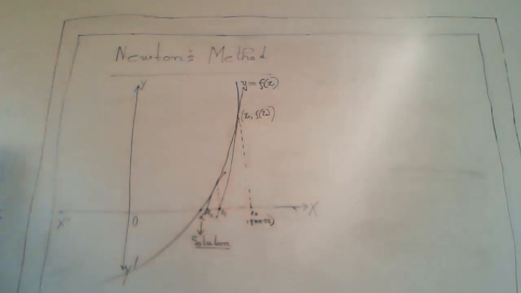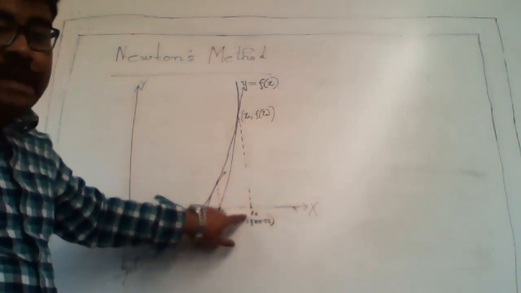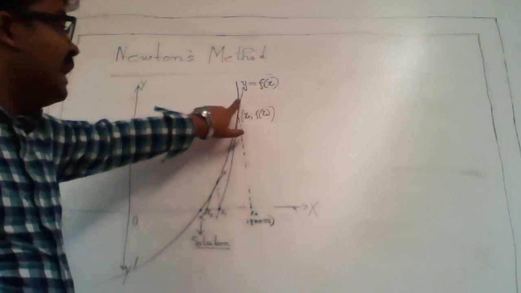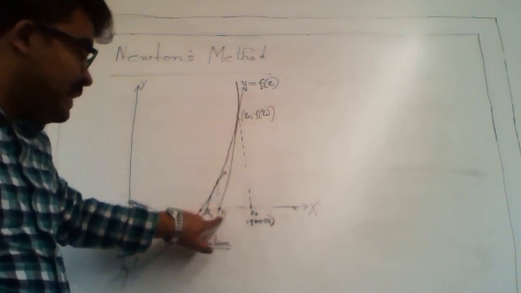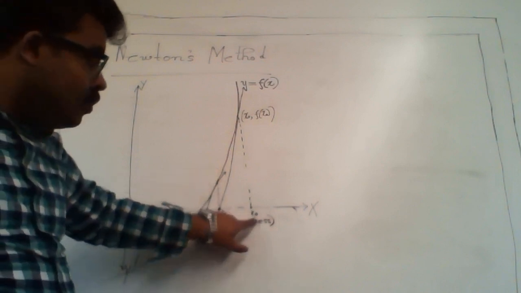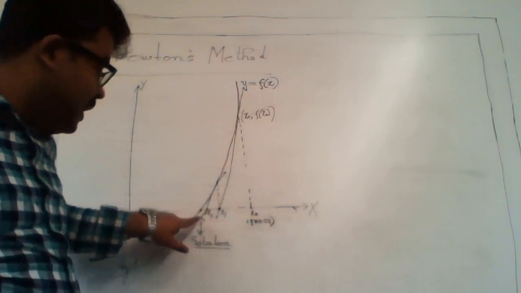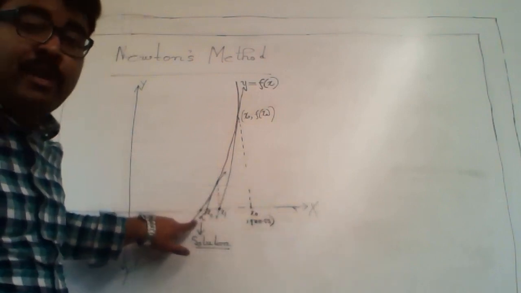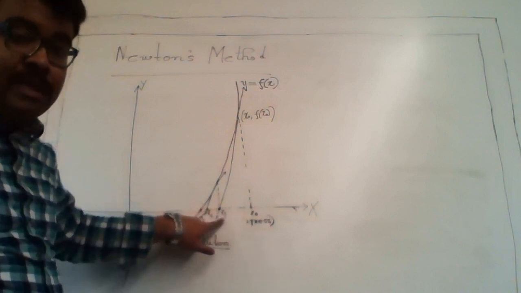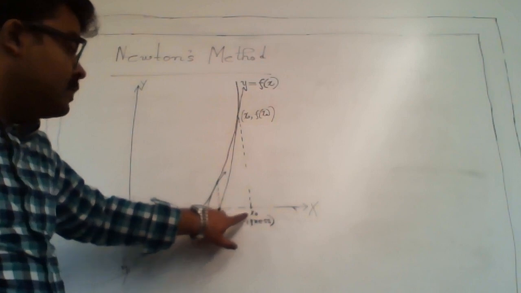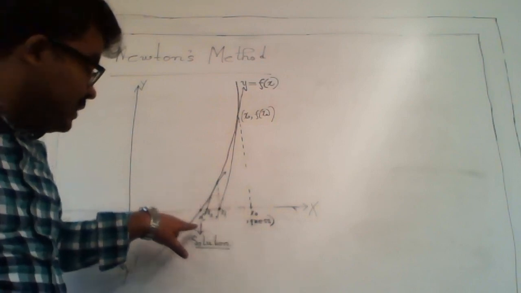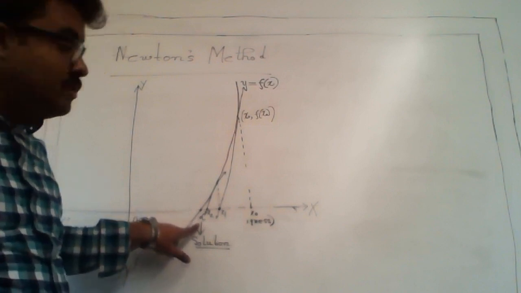So from any number x0 of your choice, if you draw a vertical line and then the tangent, it will cut the x-axis at some point x1, and if you repeat the same process, you can go from any number of your choice to the actual solution alpha. This is what Newton discovered. So if somehow I can find a formula for these points x1, x2, then starting from any guess, we can steadily approach the actual solution alpha. So this is Newton's method.